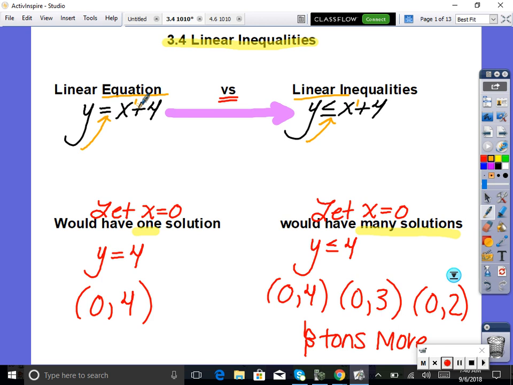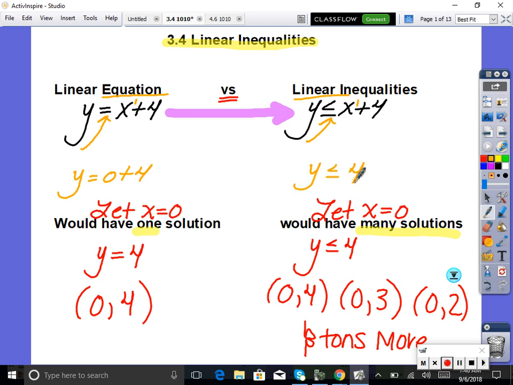With equations, if I say let x equal 0, then plugging in 0 right here, y is equal to 0 plus 4, therefore y would equal 4. So we would have just one solution here. Does everybody see? But if I go over to this inequality and say let x equal 0, that would be y values less than or equal to 4.